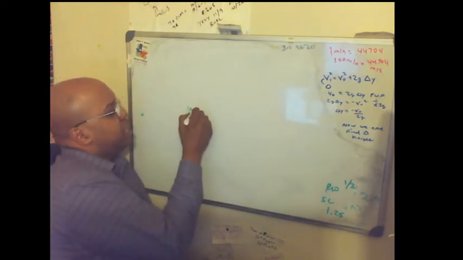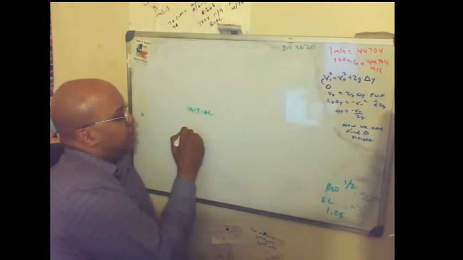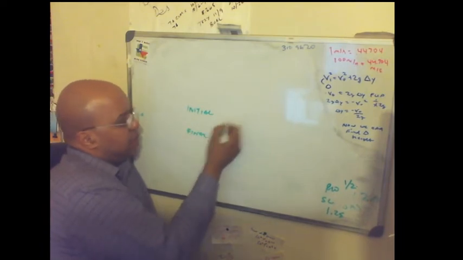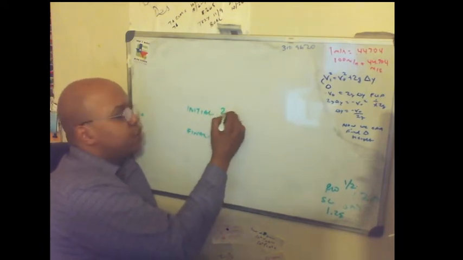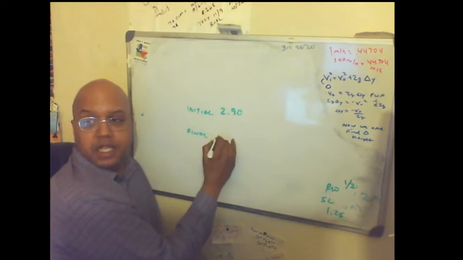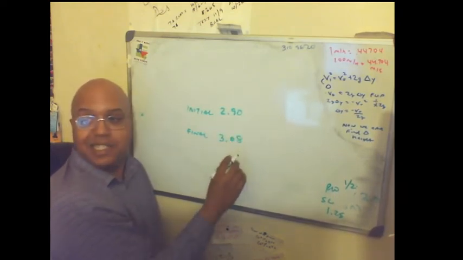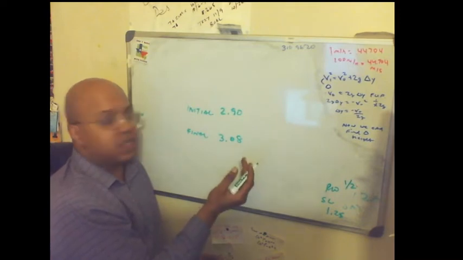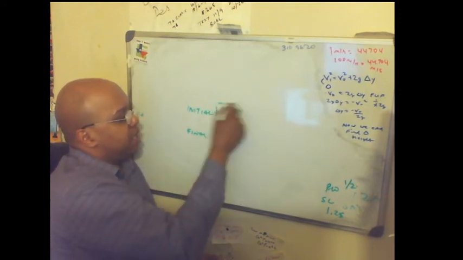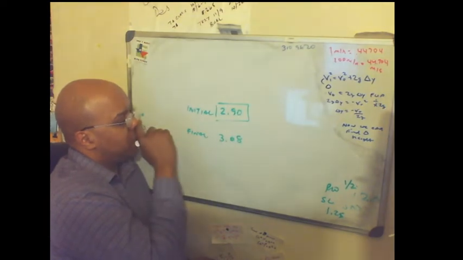So we'll put initial price, final. Initial price was $2.90. The final price is $3.08. So first we have to look at the initial price in order really to determine the increase.